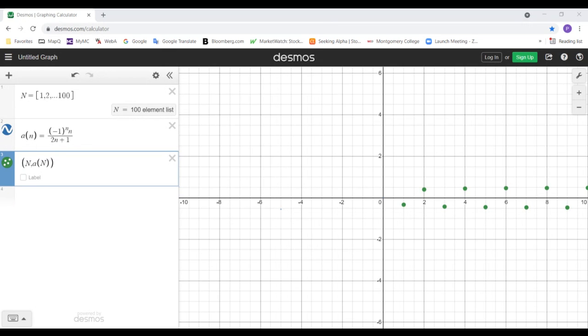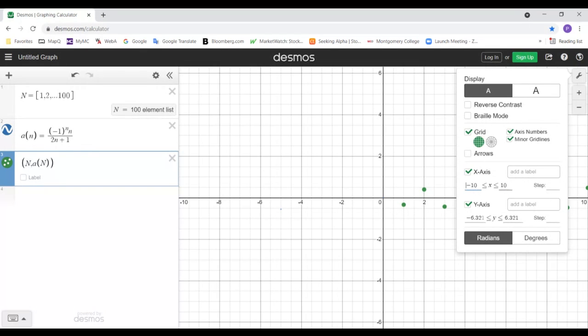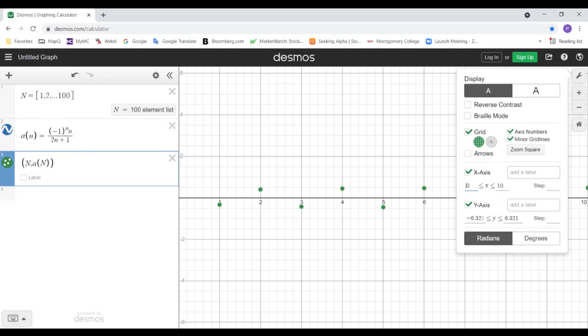So I'm going to go up to the wrench, where the graph settings are. What should I let my x-axis start at? What do you think? What would make sense? Maybe 0. You could do 1, but I tend to like to have the origin in my picture. So if you don't mind, I'll start the x-axis at 0.